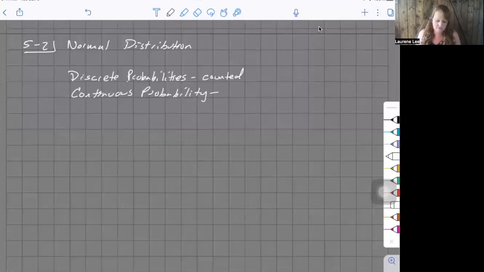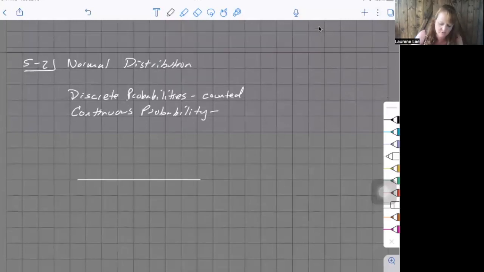We've talked about this a little bit before, when we talked about measures of position and z-scores, and this is what your normal distribution usually ends up looking like. Instead of drawing bars, we're drawing a continuous curve.